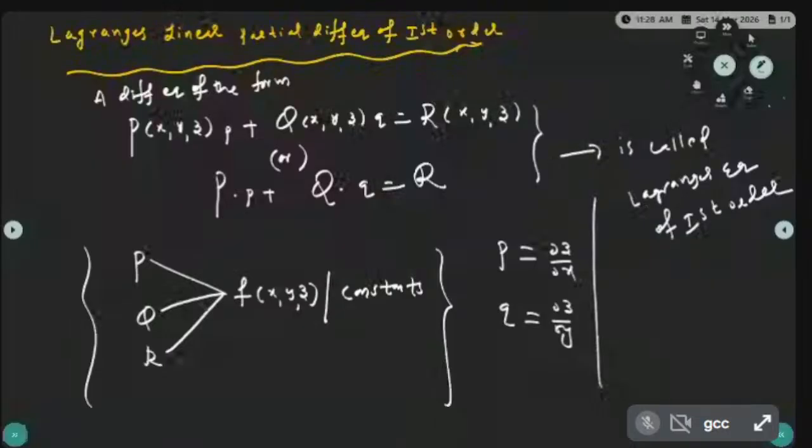Now everybody, to solve this Lagrange's equation, we have two methods. One is grouping, another one is multipliers. That I will explain. They are very easy.